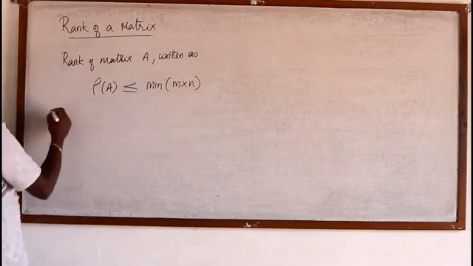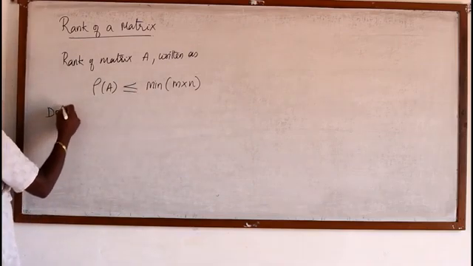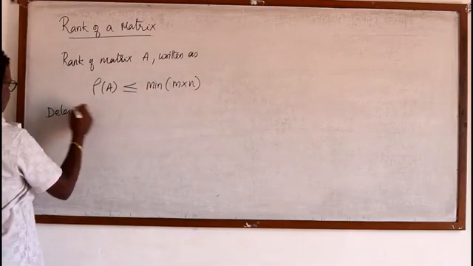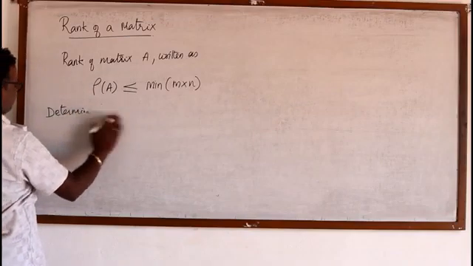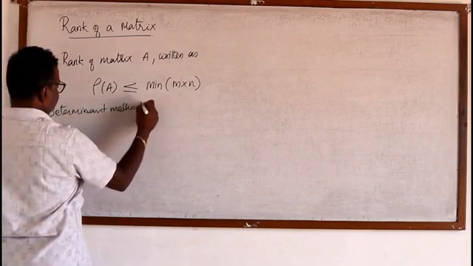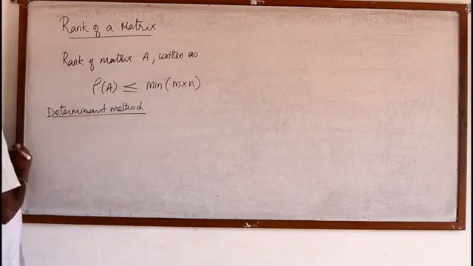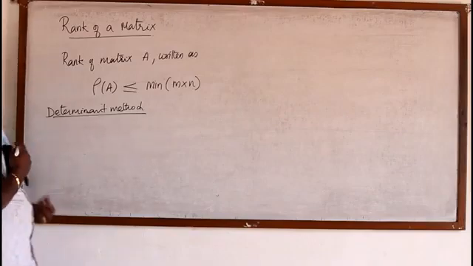Now, suppose I have to find the rank of a matrix. We can have two types of methods. The first type is the determinant method. How to find the rank using the determinant method?